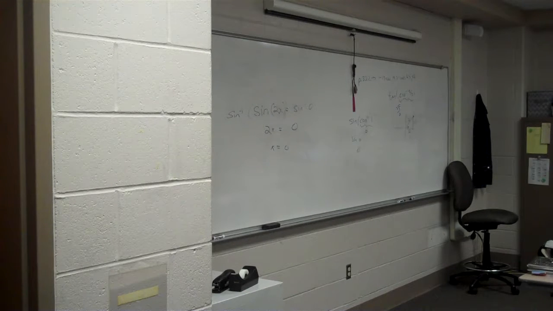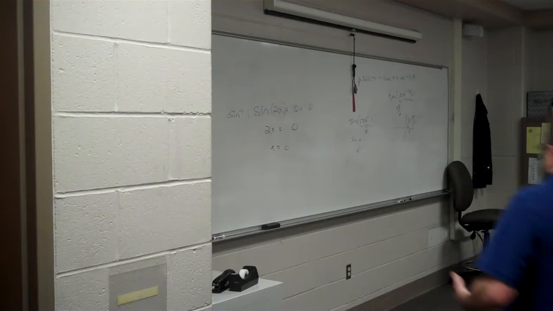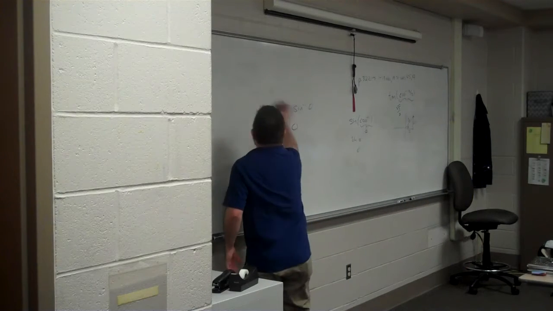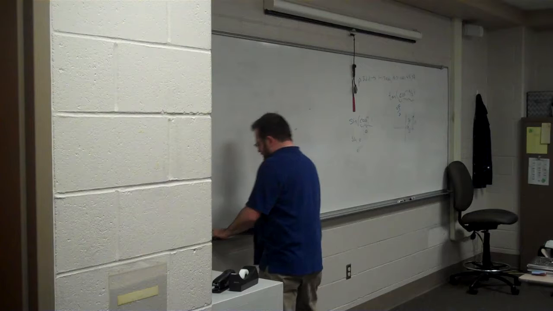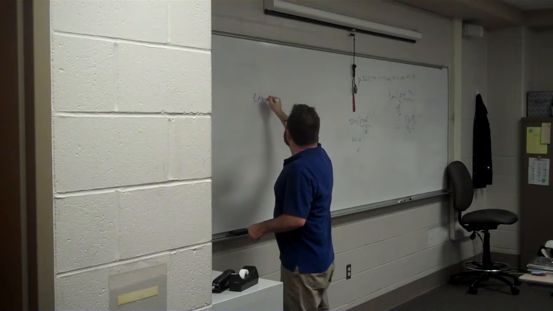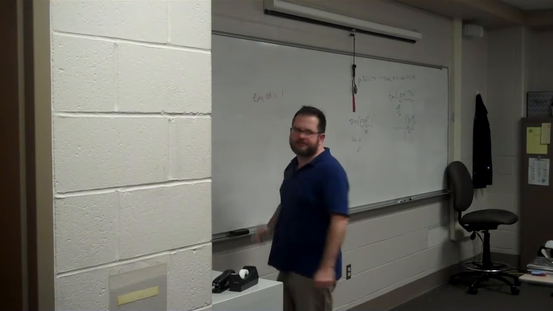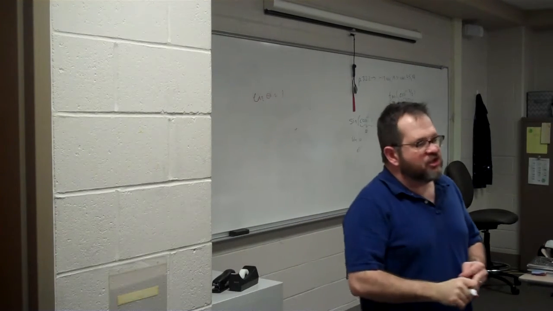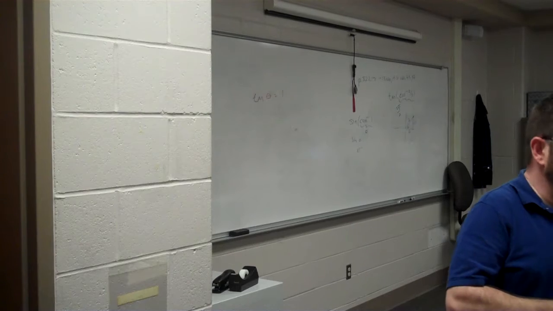Okay, let's talk about tangent. If you had a problem, the tangent of theta equals 1, you want to know the value, you're talking about the angle whose tangent is 1.